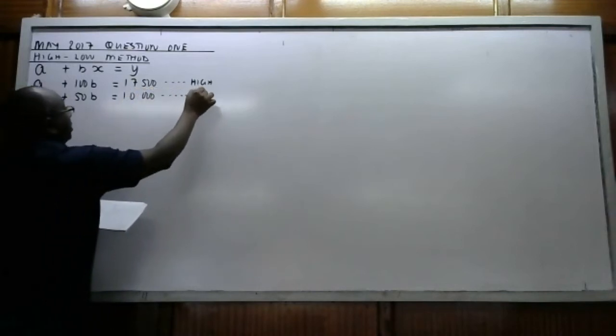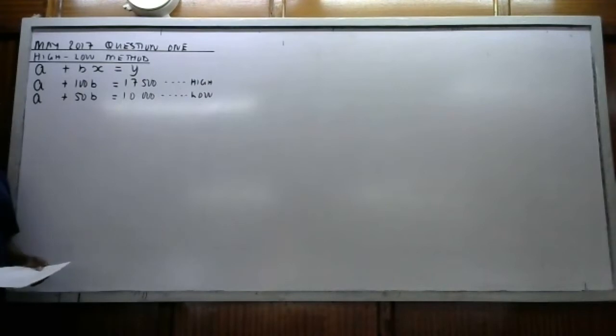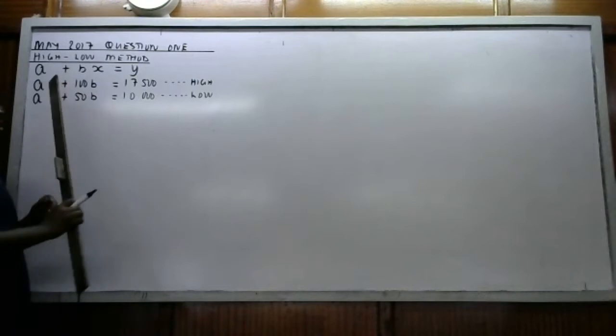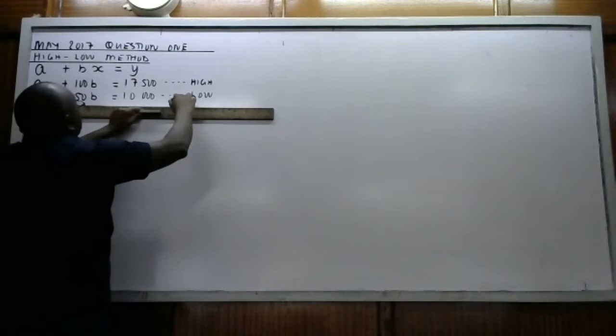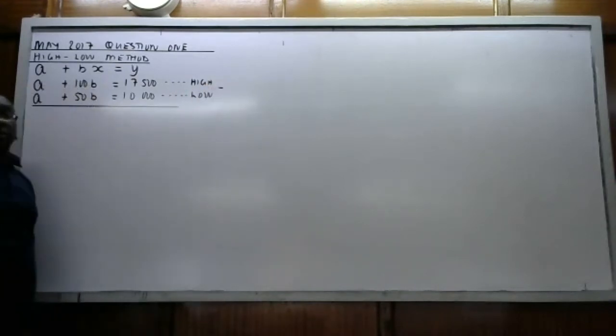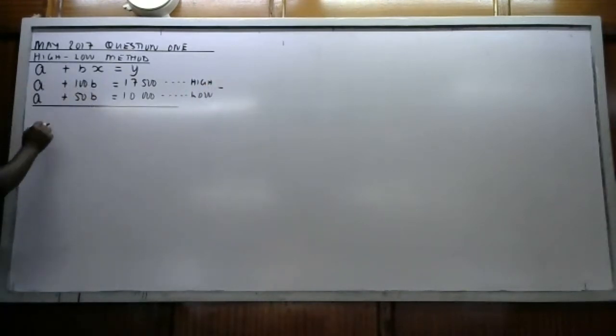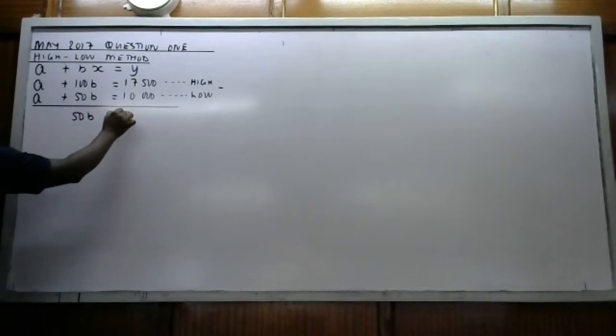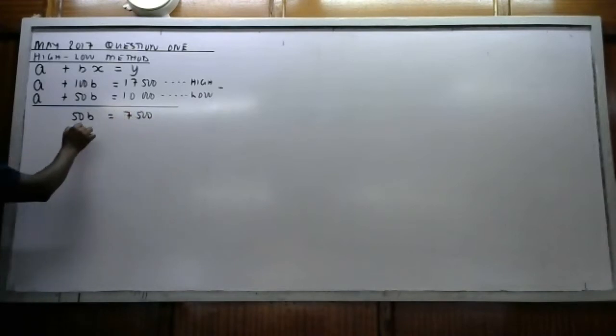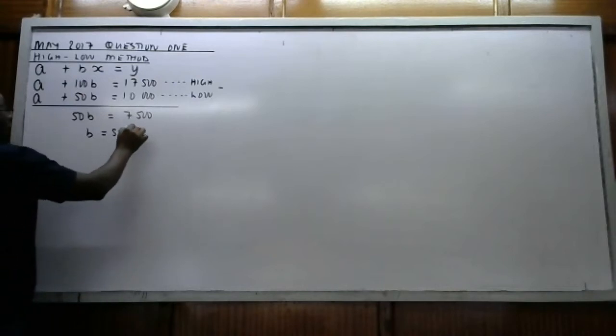And this is the low. So you subtract these two equations so that you are left with 50B being equal to 7,500. And based on that, tell me B is shillings what? Shillings 150.